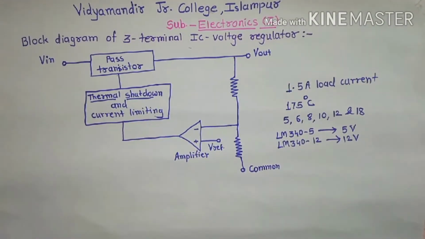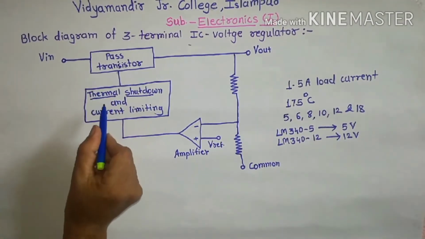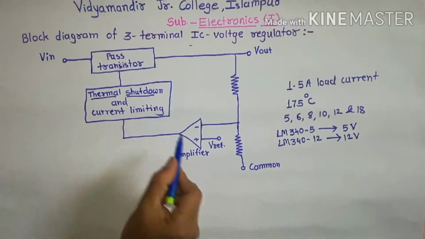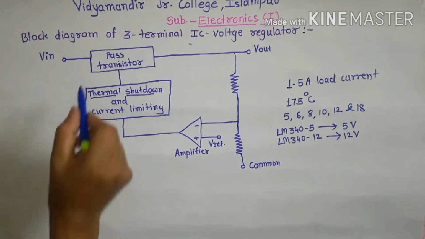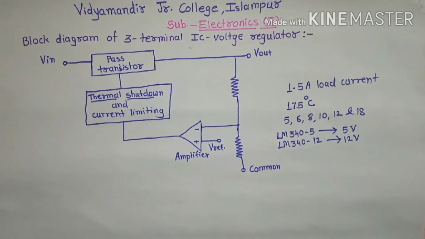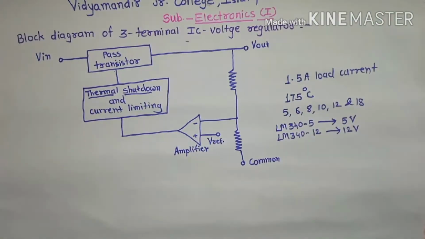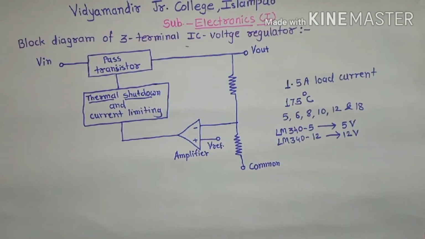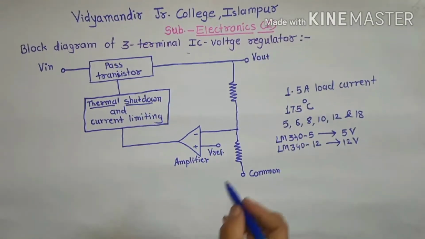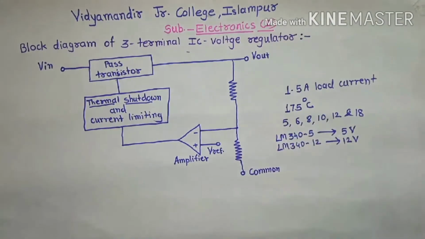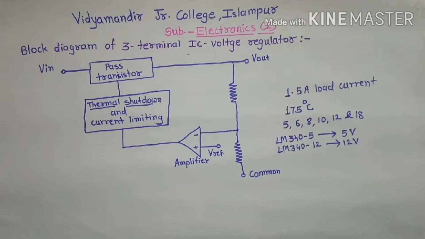The block diagram of the 3-terminal voltage regulator consists of a pass transistor, thermal shutdown and current limiting, operational amplifier and internal voltage divider. The pass transistor can handle more than 1.5 ampere of load current. If the internal temperature of this IC chip becomes more than 175 degree Celsius, then the IC chip will automatically turn off.